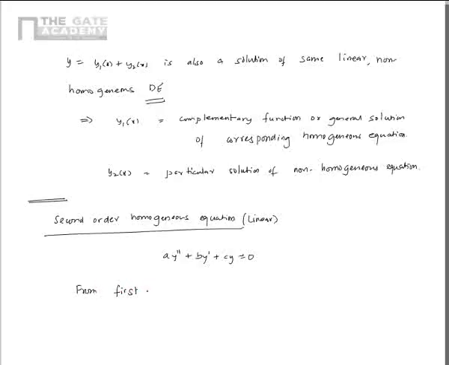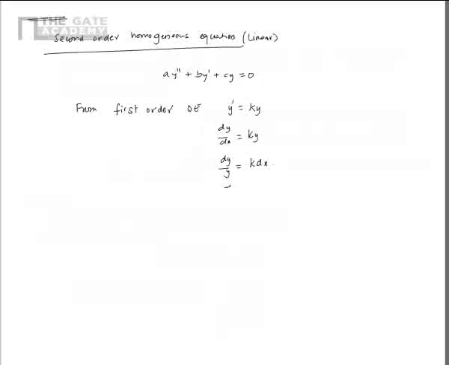From the first order differential equation of this form, we know that if we integrate, say dy/dx equals ky, by the variable separation method, you get the solution y equals c e^(kt), where c is some constant. So this is for first order. Now let us try to find a solution of this.